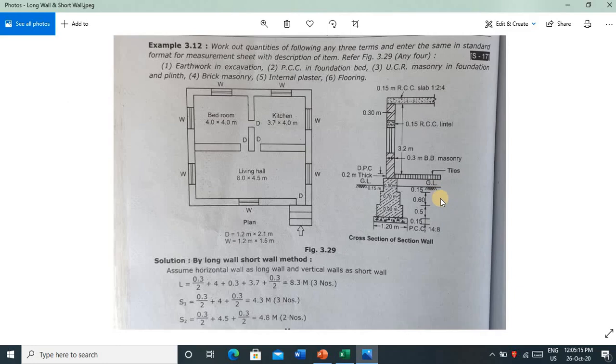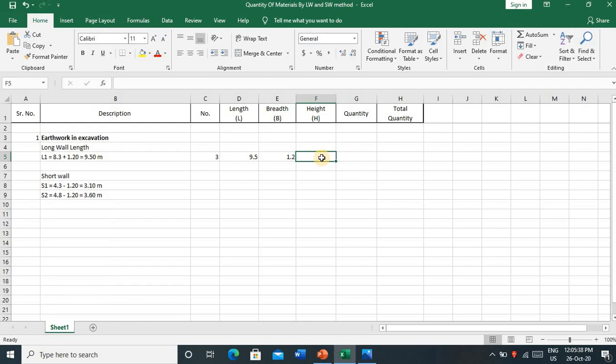Okay, so if we add the height, see 0.15 plus 0.60 plus 0.5 plus 0.15. 0.15 plus 0.15 comes as 0.3, plus 0.6 is 0.9, plus 0.5 is 1.40. You can calculate it from the calci also. The depth is 1.40. Okay, so for quantity you need to multiply all these values, so you will get the quantity here.